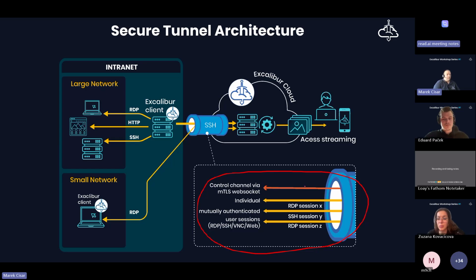There is always a management channel running within the tunnel, and every time there is a request to create another channel for a PAM session, the Excalibur tunnel will do so. Currently, it is possible to tunnel RDP, SSH, and VNC sessions. Web sessions are on the roadmap and should be available soon.